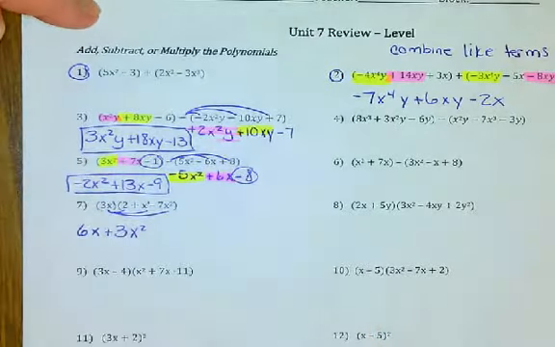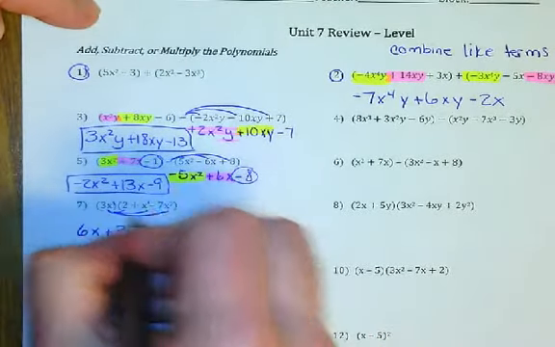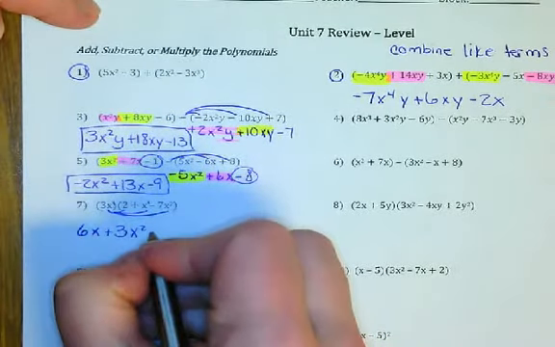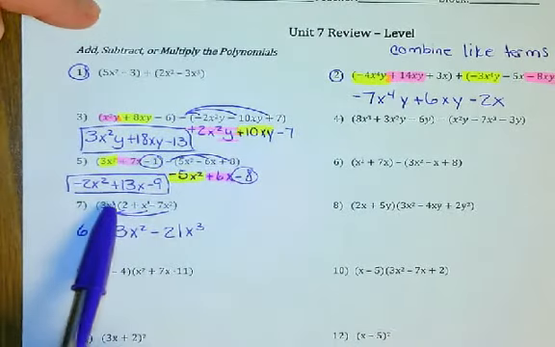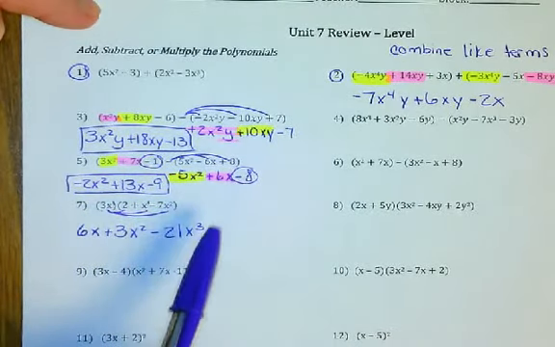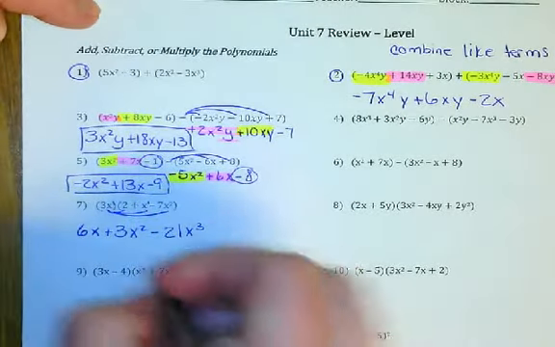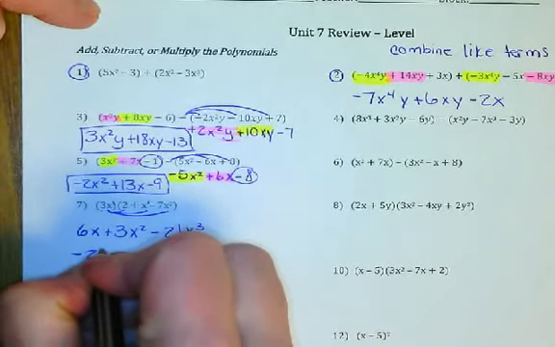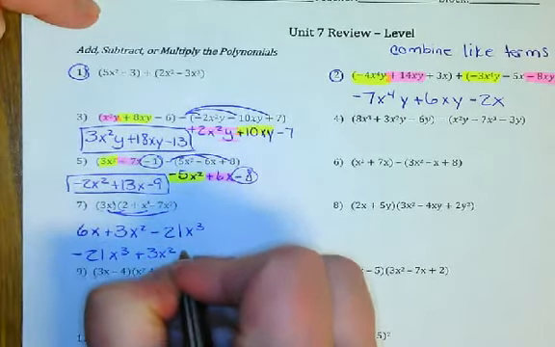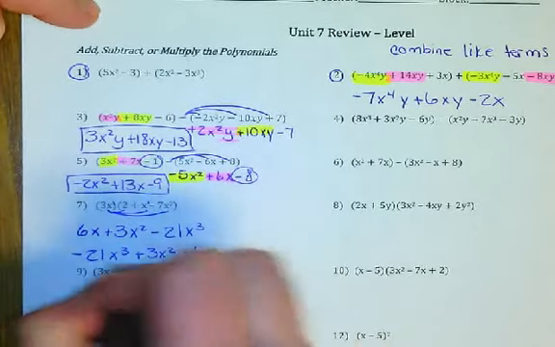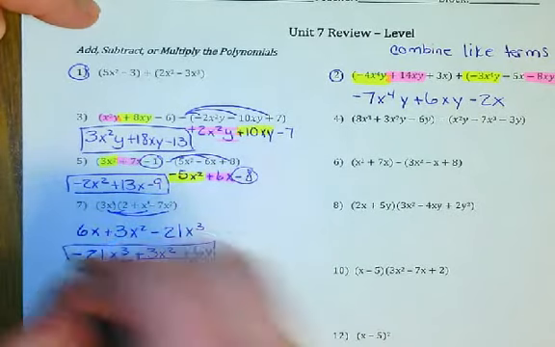There's a 1 there and a 1 there, that gives you 2. And then 3x times negative 7x squared gives you negative 21x cubed. Again, because there's 1 there and 2 there, so it becomes cubed. Now, to write this in the correct order, I would do negative 21x cubed plus 3x squared plus 6x, and that would be my final answer.